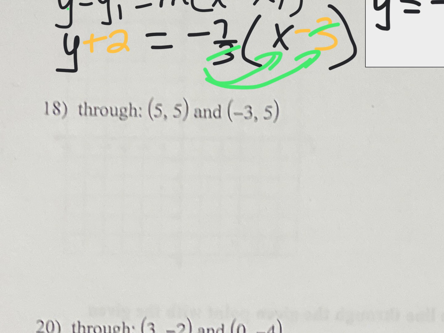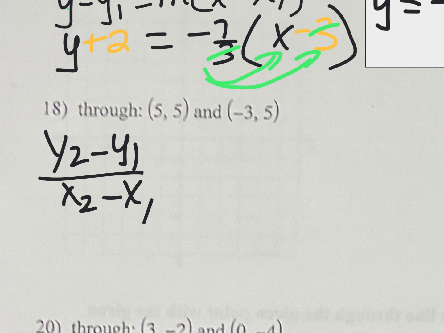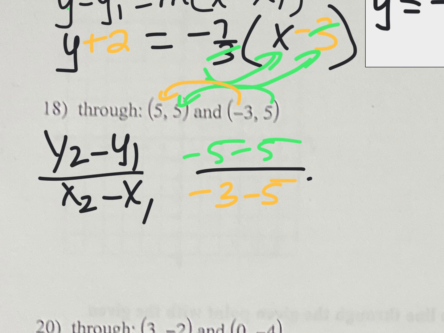First we got to get a slope because we don't have one. So we got to do y2 minus y1 over x2 minus x1. So I'm going to do 5 minus 5 over negative 3 minus 5.